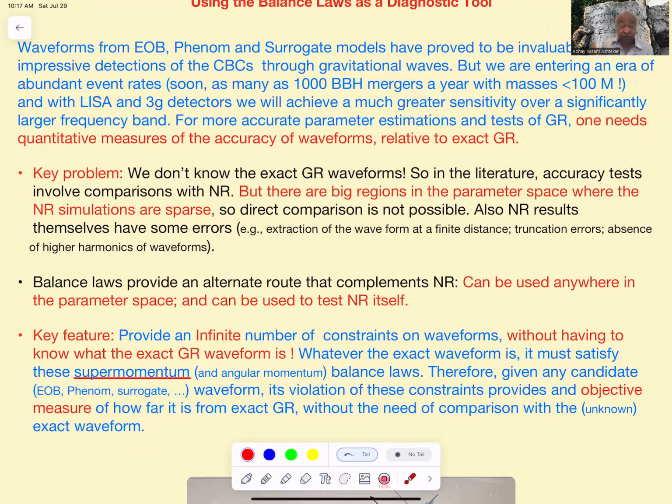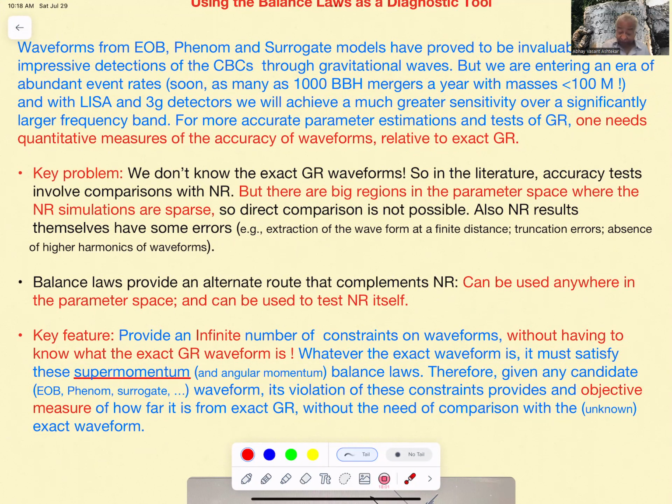In fact, very soon, in the next LIGO run, we could have as many as 1,000 black hole mergers a year with masses less than or approximately equal to 100 solar masses. And with LISA and third generation detectors, Cosmic Explorer and Einstein Telescope, we will achieve much greater sensitivity and a significantly larger frequency band.